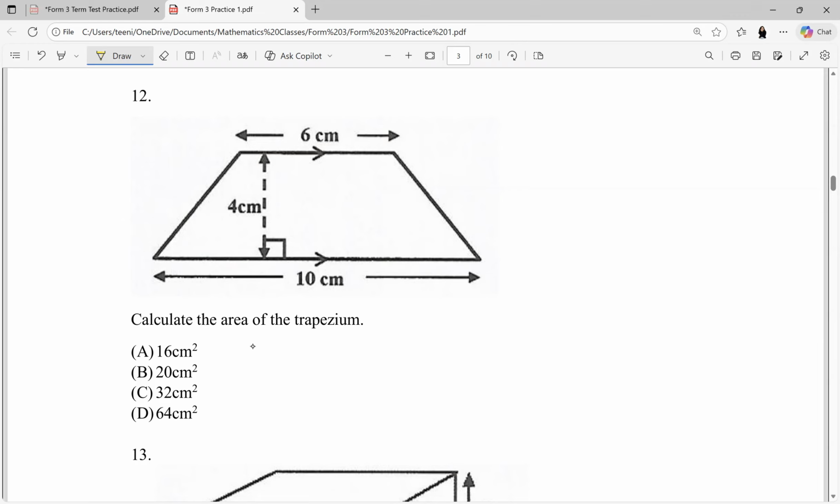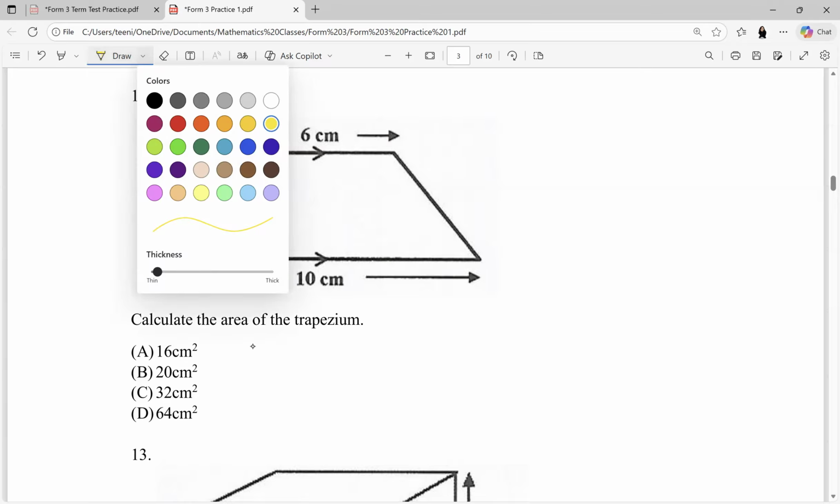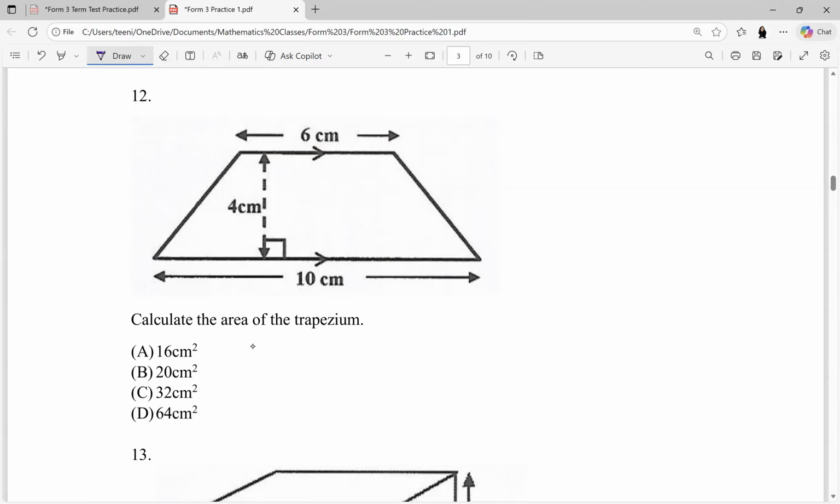Generally, the formula to find the area of a trapezium is half times the sum of the parallel sides times the height of the trapezium.